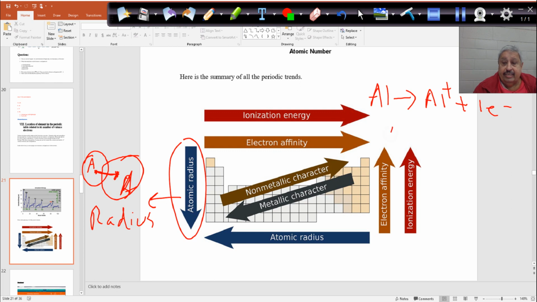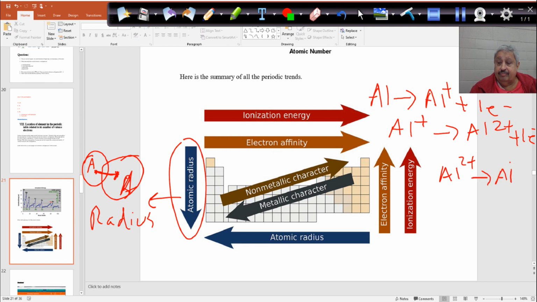This one here can give another electron, Al 2+, and then Al 2+ can give you Al 3+ plus 1 electron. So it is the ability of an atom to give away its valence electrons. Valence electrons are electrons found in the outermost shell, or outermost orbital.